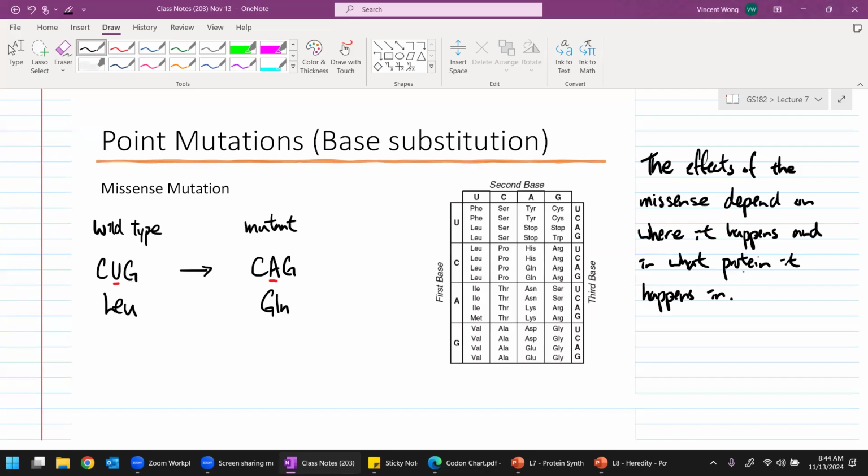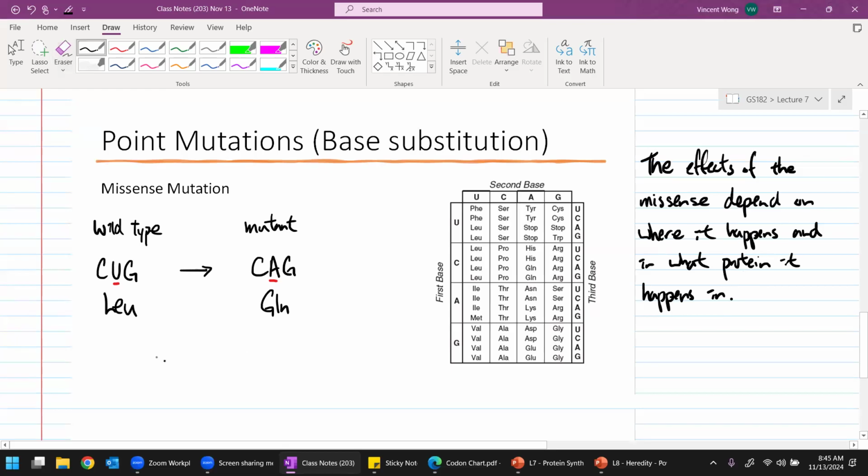But if it's in your door, sure, it looks ugly and you're not happy, your car gets damaged, but you can still drive it. And that's the situation here. A missense mutation is not necessarily going to have a negative impact on the protein's function. It depends where the mutation occurs in the protein.